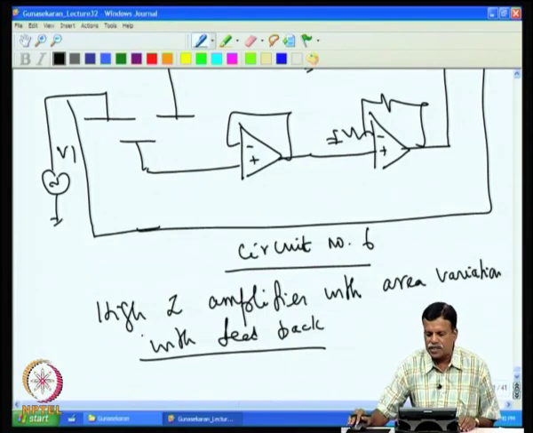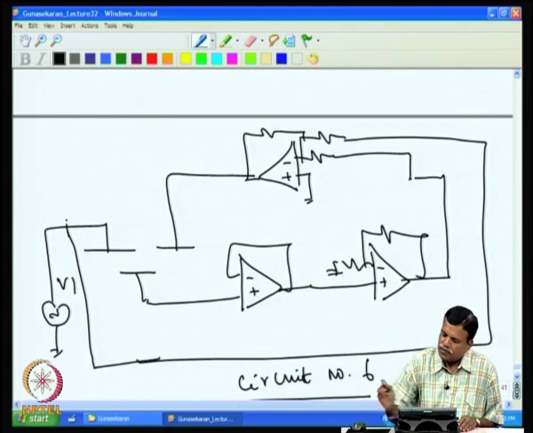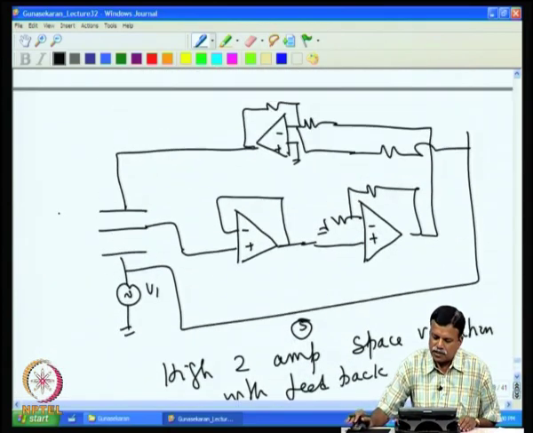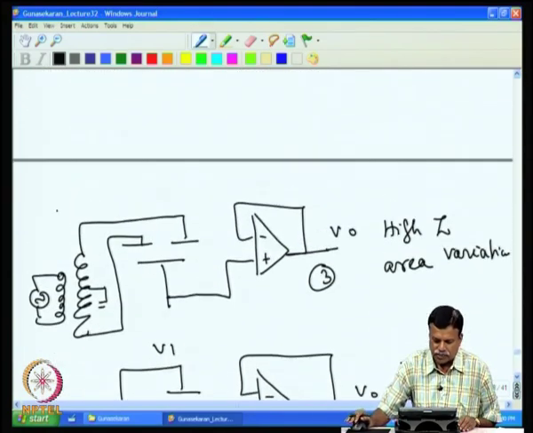So, we have 6 different possible circuits for this capacitance measurement. We have to see where to use each one, and which is better for a given application.